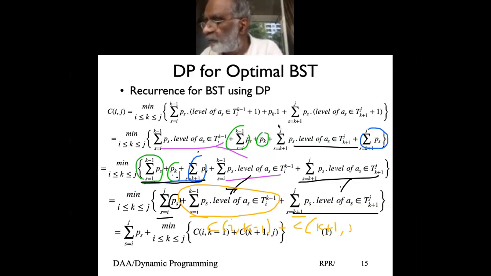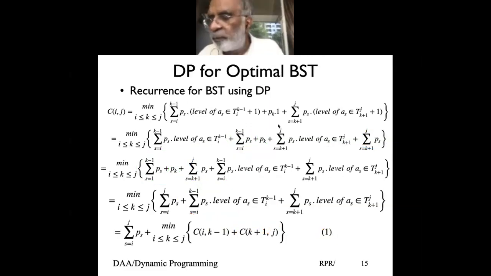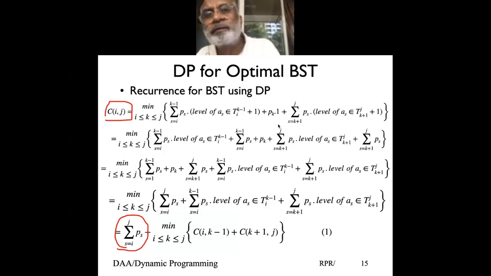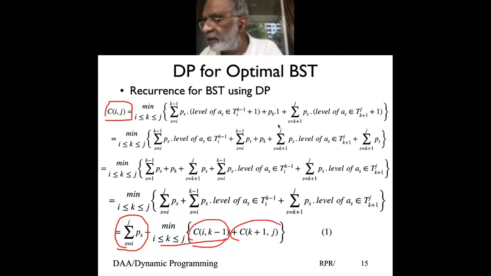So when you solve it, my Cij is written as the sum of all probabilities of the nodes plus the min of Ci k minus 1, this min is always there, over the left subtree and right subtree.